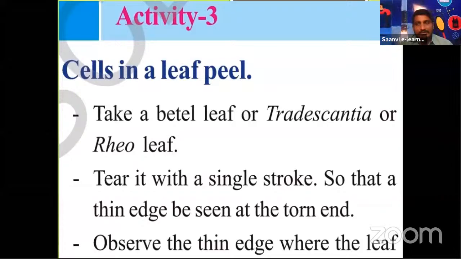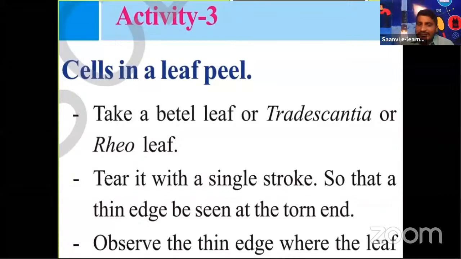Here we need to understand how the cells are arranged in a leaf peel, what the structure is and what the arrangement is. So we have to collect a thin portion and observe it under the microscope. That's why we are taking the beetle leaf, tradescantia or rheo leaf.